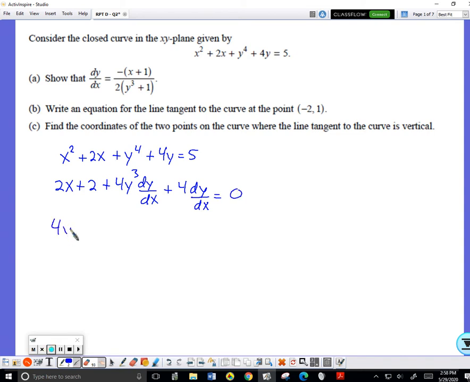Moving some things around. These, when subtracted to the other side, become negative. Factor out the dy/dx.